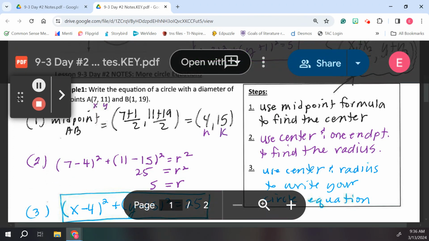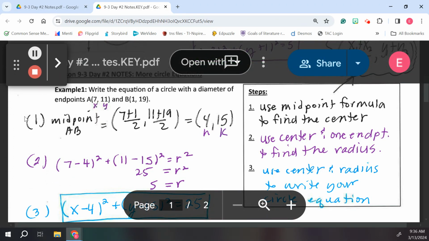I'm going to move this up here. So hopefully once it clears, you guys will see it a little better.